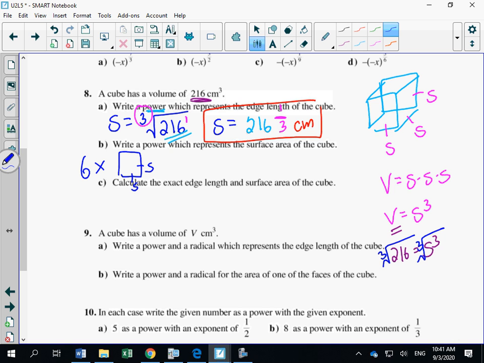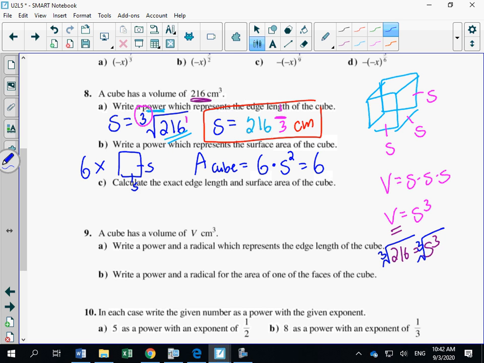So the area of the cube is equal to 6 times the area of one of the squares, right? Because if you find the area of one square and multiply that by 6, you're going to get the whole surface area of the cube. And the surface area of one square is side times side, which is side squared.